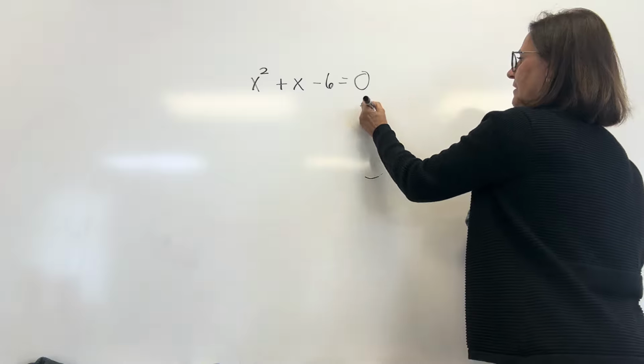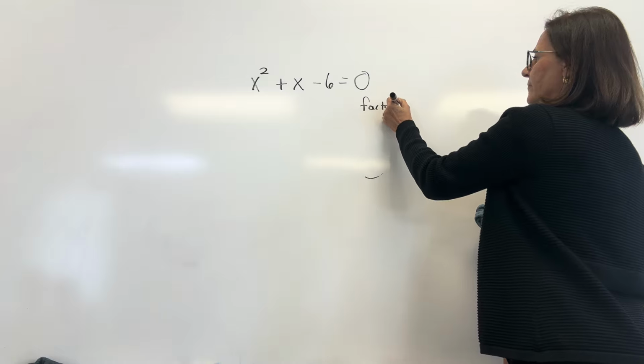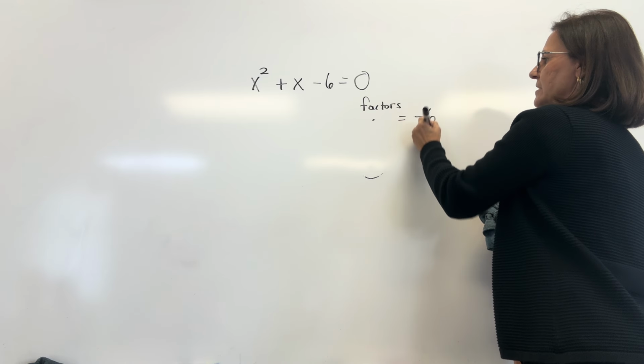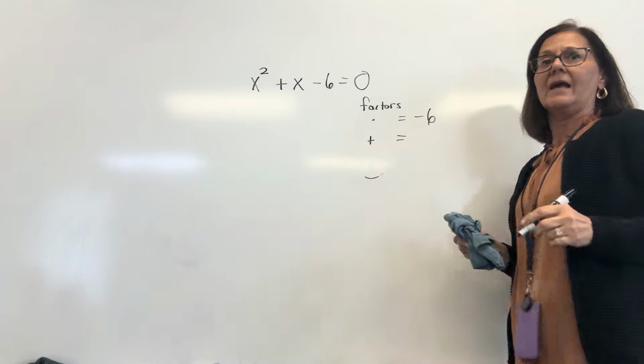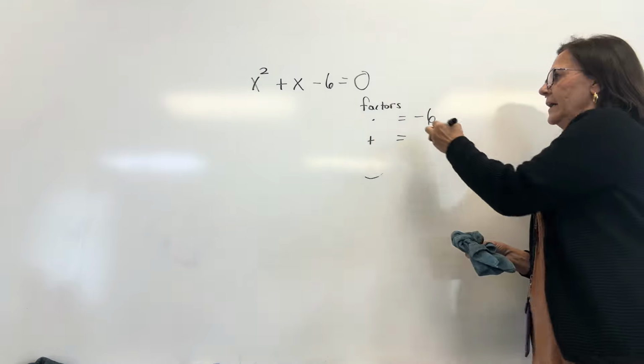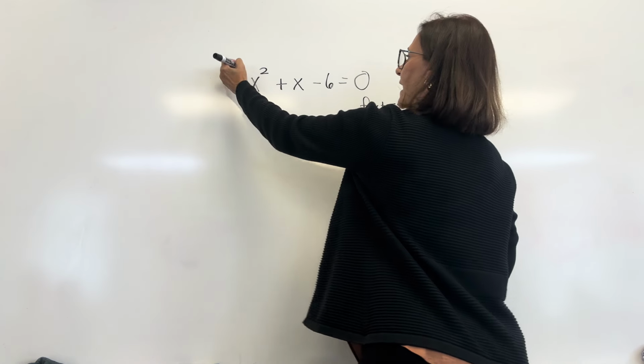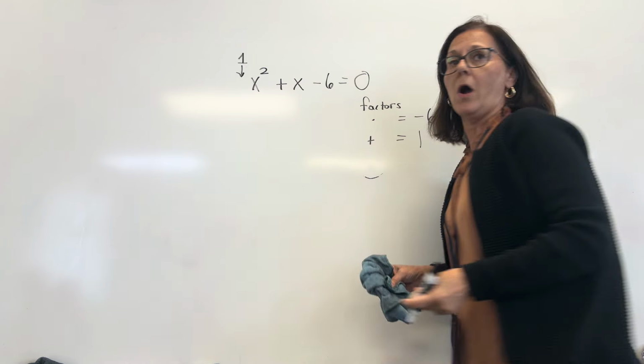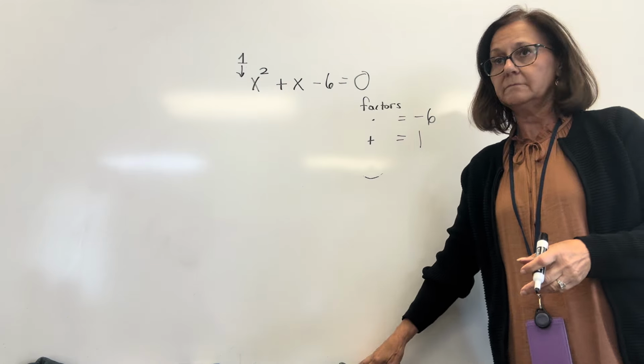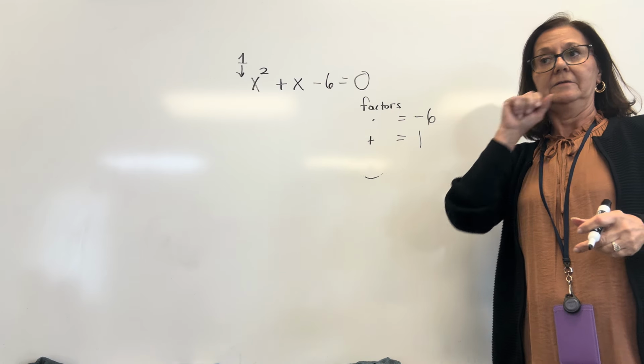Let's just write factors. So something multiplied equals negative 6, such that we add them and it's 1. Right? That worked every time that was a 1. And this became our factors.